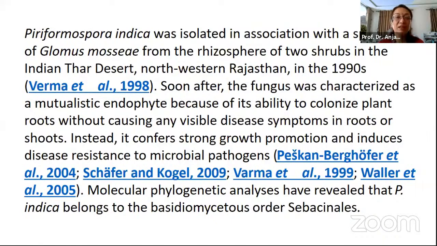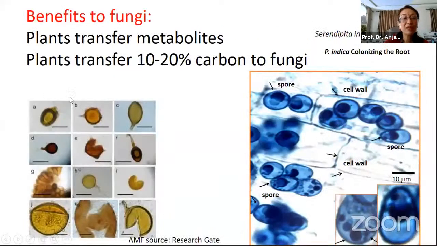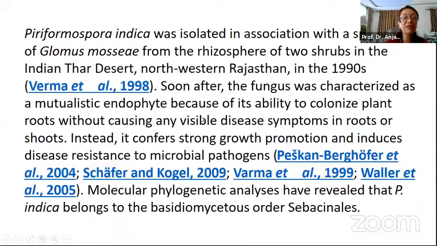You might be very inquisitive and want to know how this Piriformospora indica was accidentally isolated in association with spores of Glomus mosseae. Here, this is the Glomus mosseae spore. One PhD student was working with it and isolating it.